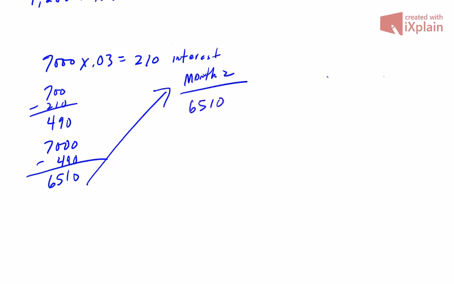6510. We're going to take that amount times 3%, and that's going to give us interest of $195.30. And we're going to subtract that from $700, her monthly payment.